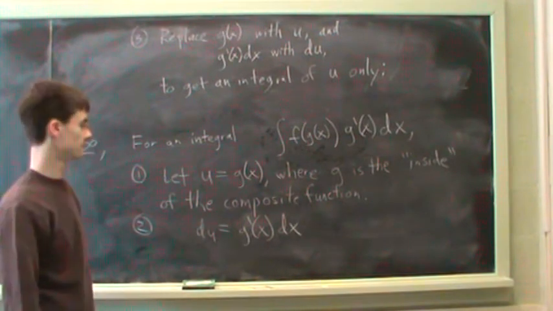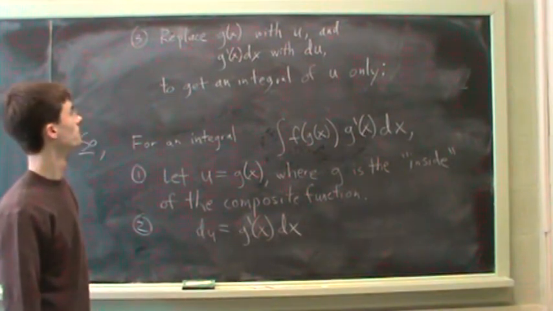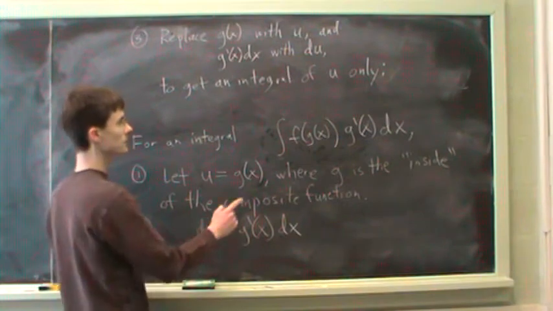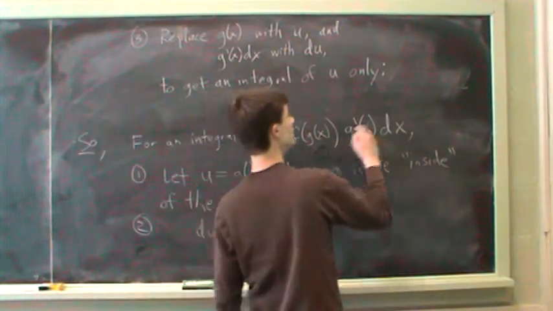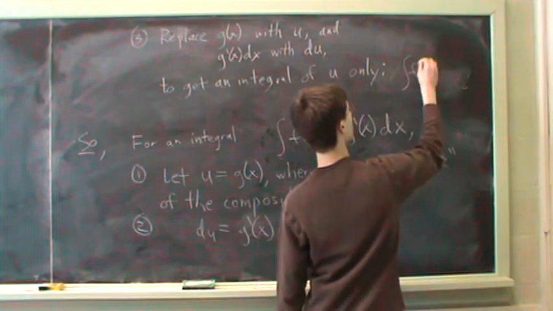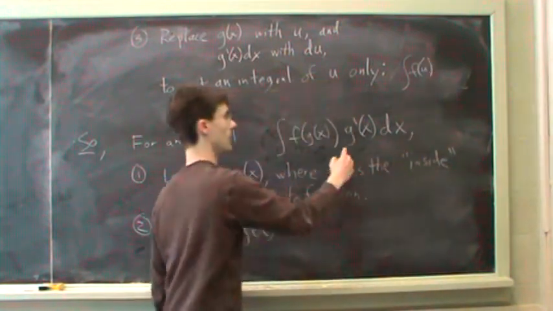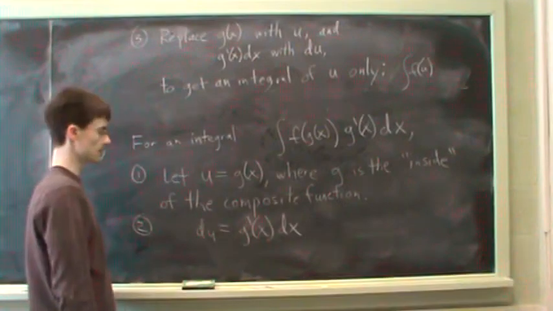What that does, okay, so if we were to do that for this pattern, we would replace g of x with u, and g prime of x dx with du.